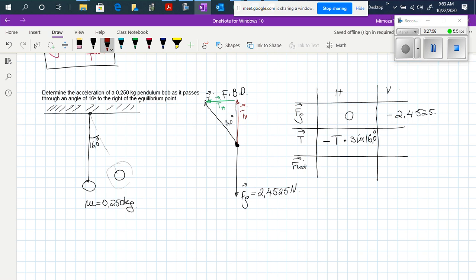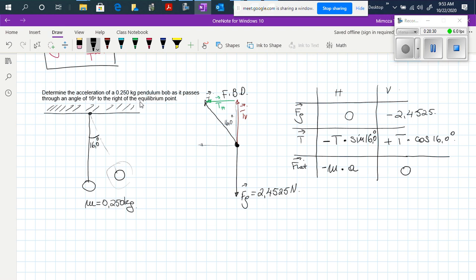It is positive because it's going in the positive direction: T times cosine 16 degrees. And on the horizontal direction we will have mass times acceleration with a negative, because the object will move toward the equilibrium in this direction. And on the vertical it will equal 0 because it is not going up and down.